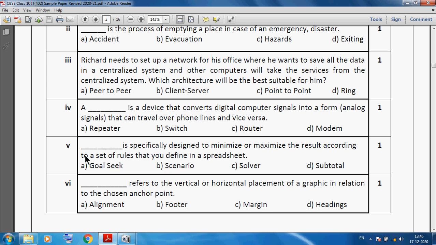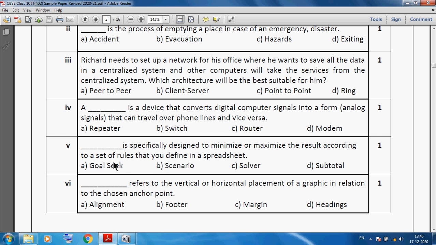The next question is especially designed to minimize or maximize the result according to a set of rules that you define in a spreadsheet. You can see goal seek, scenario, solver, or subtotal. A set of rules you can define for this purpose, to minimize the result.